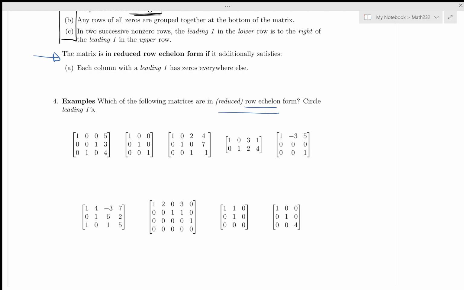My suggestion at this point, because this is an asynchronous part of the course, is to stop the video and look at all of these matrices. Look at the definitions of what those words mean, identify for yourself which ones are reduced row echelon and which ones are row echelon, and circle the leading ones. Then restart the video and see whether we get agreement. Perhaps I make a mistake, or perhaps you make a mistake.